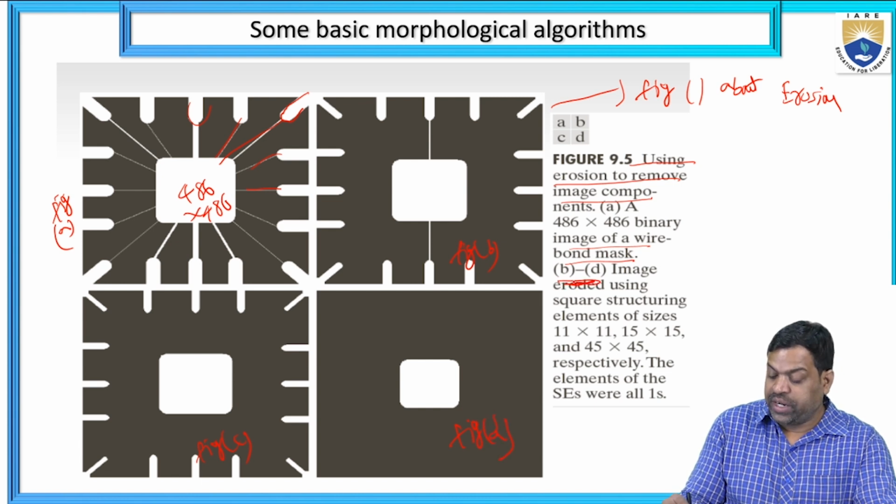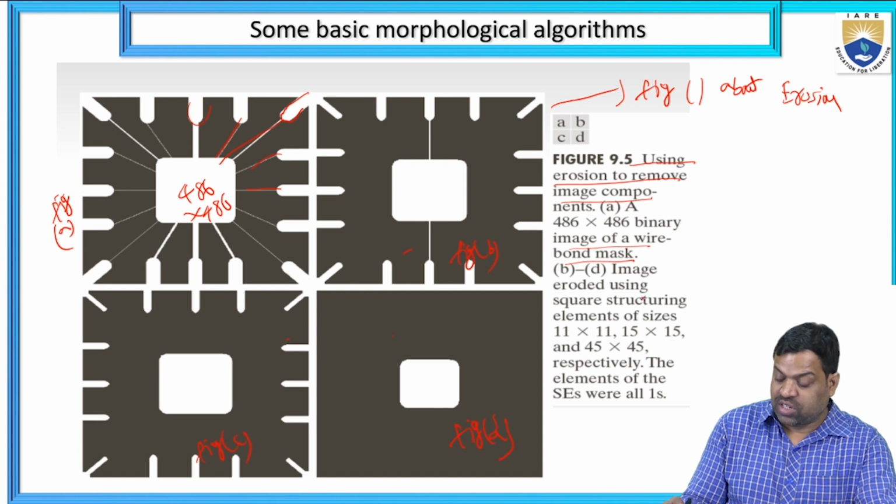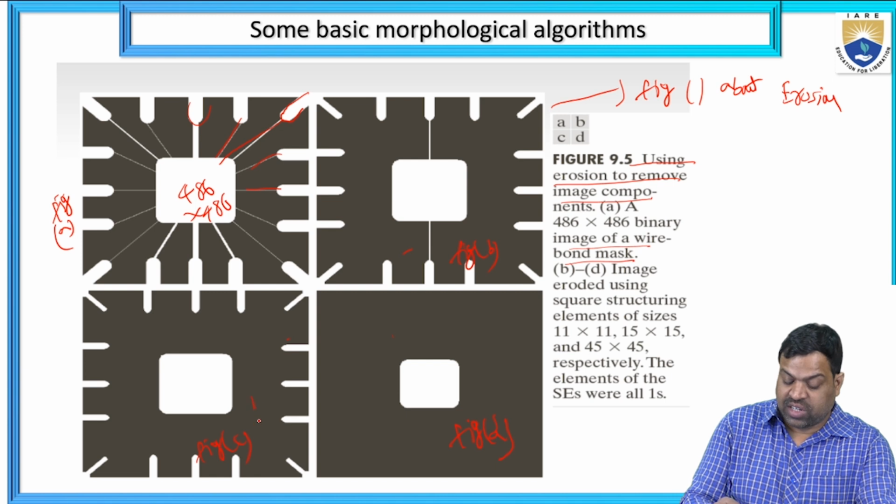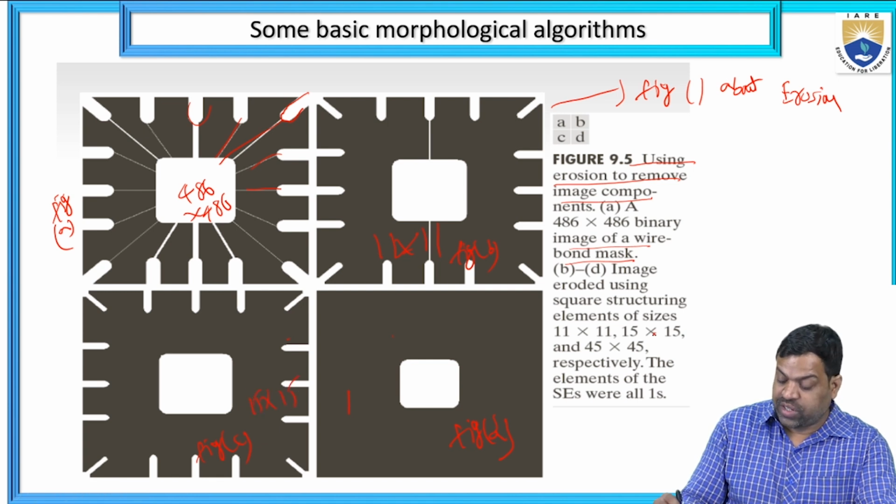When I go to B, C, D, the image is eroded using a square structuring element of size 11 by 11, 15 by 15 and 45 by 45.